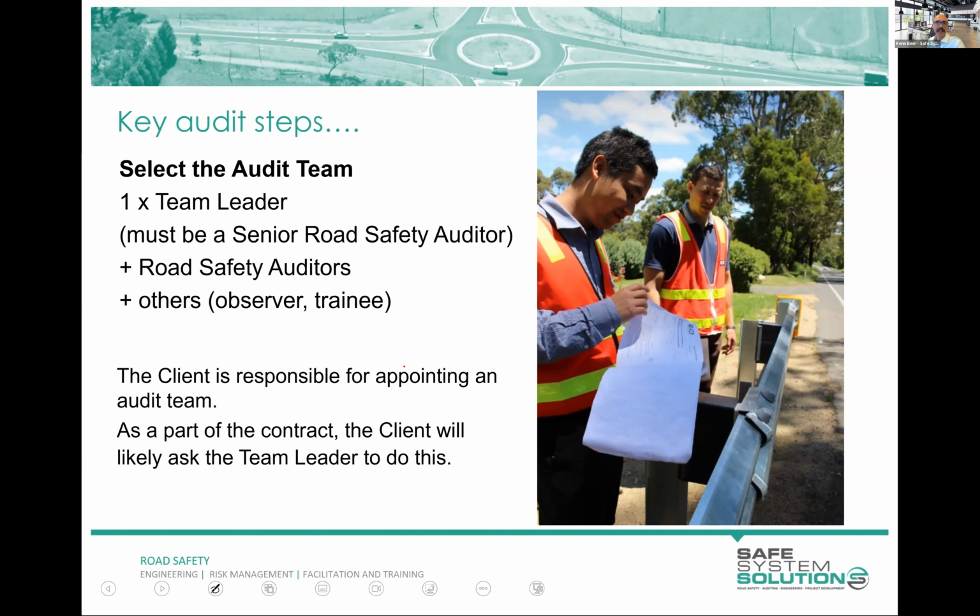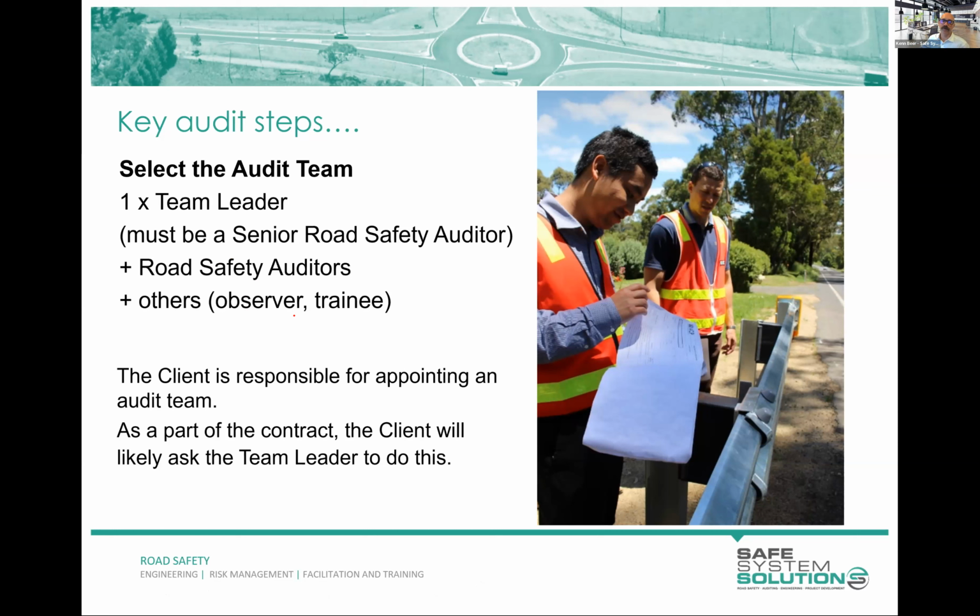But you're going to need somebody to lead that audit, and they need to be a senior road safety auditor. Then there can be road safety auditors, and then we can have others. So they could be observers. We use the term observer to cover a big category of people.